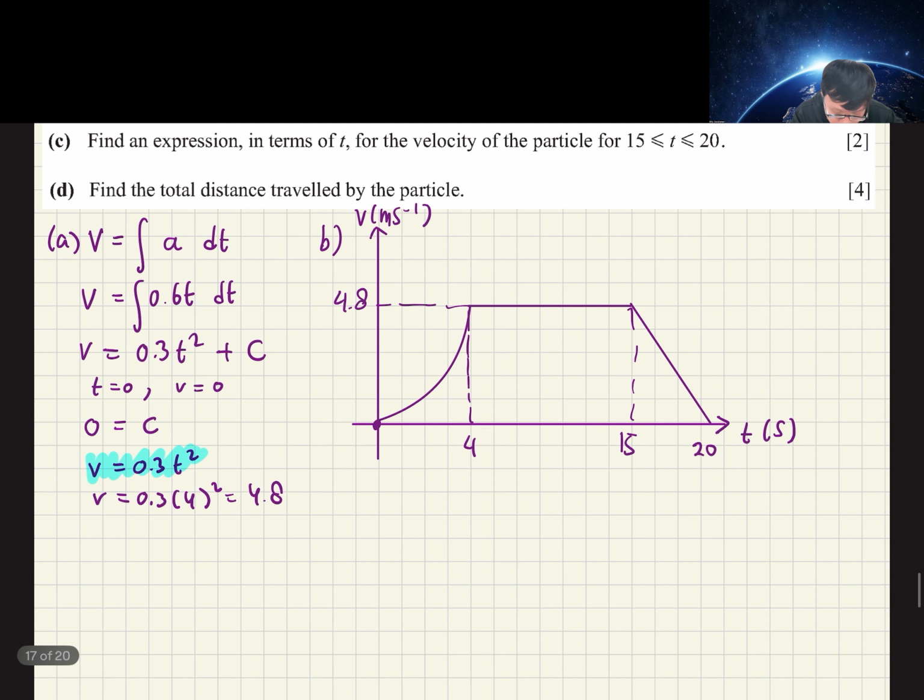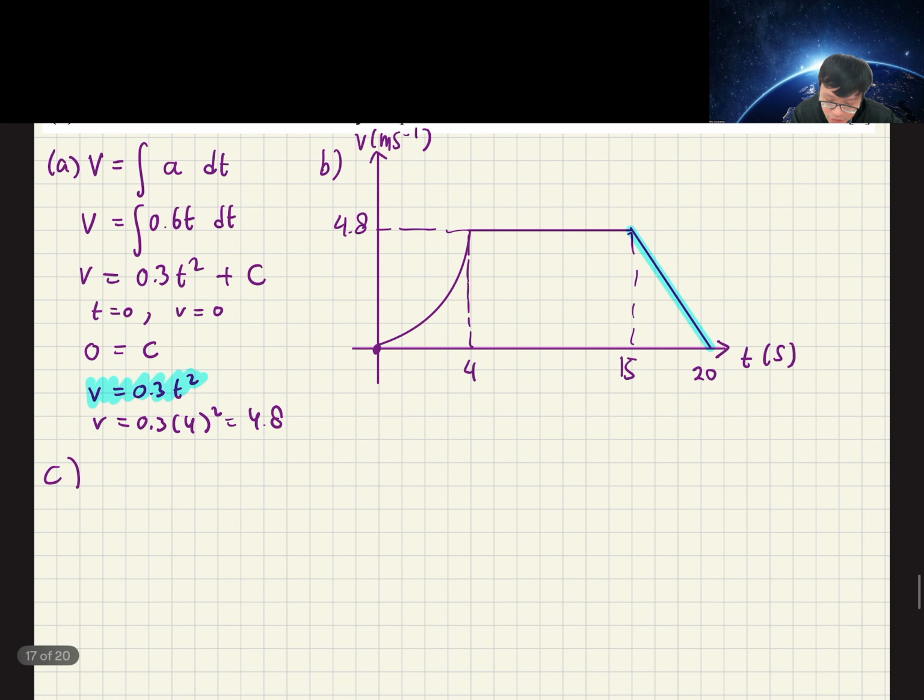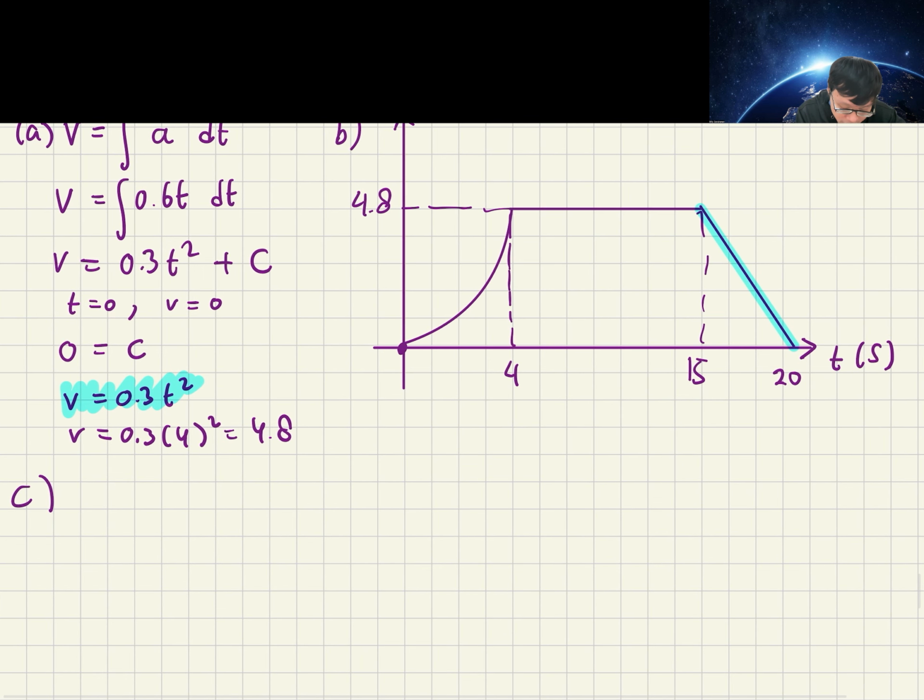Okay, part C. We want to find the velocity of the particle, the expression or the formula, for 15 to 20 seconds. For 15 to 20 seconds, that means you want to find the equation of this line, in terms of time, meaning the function itself. So how do we find the equation of this line? We have two methods. I'm going to do the first one first, which is using the equation of the line itself.